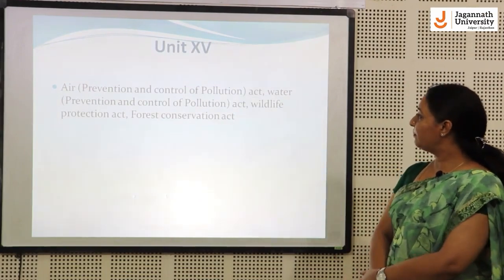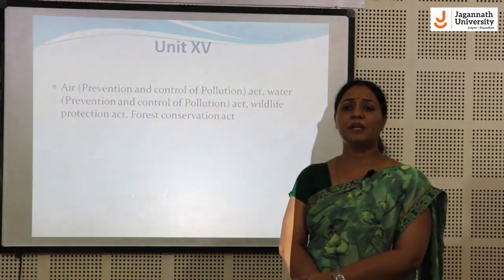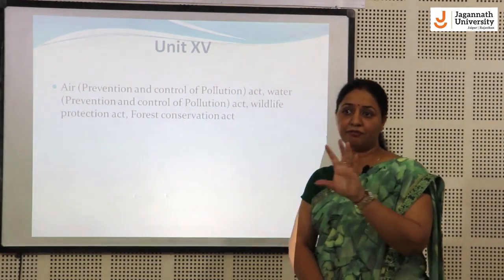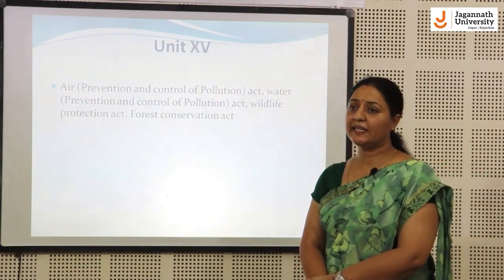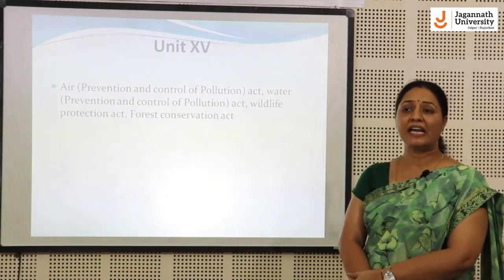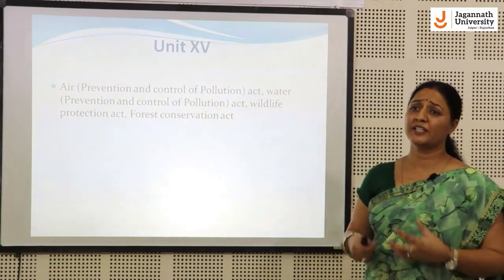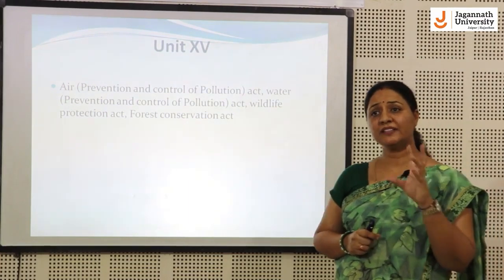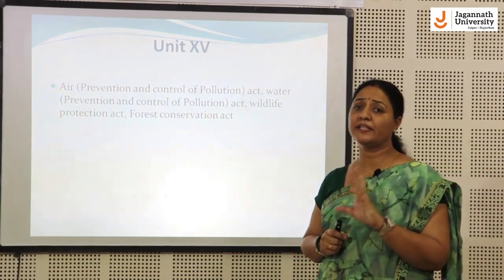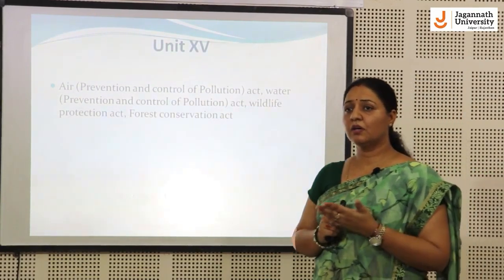Now in the air prevention acts, there are a lot of acts based on different kinds of sources. If we talk about the Air Quality Control and Prevention Act, this act was made in 1981, and in this act we can discuss what air pollution means and the reasons why air quality is decreasing day by day and how we can conserve it.